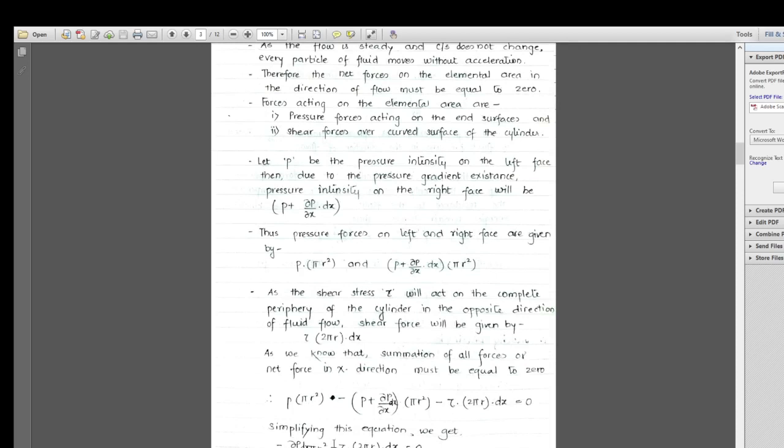Now simplifying this equation, we can take P into pi r square common.